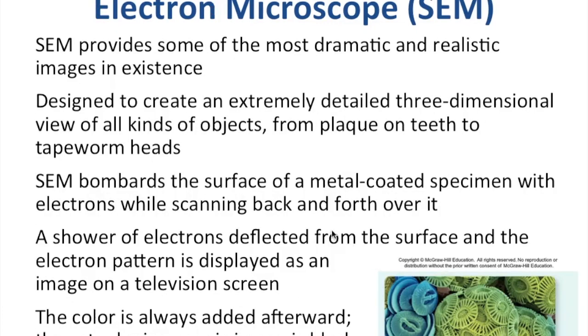We also have another type of electron microscope, the scanning electron microscope. The scanning electron microscope also shoots electron particles. Once the electron particles reach the sample, they are reflected and received by the detector.